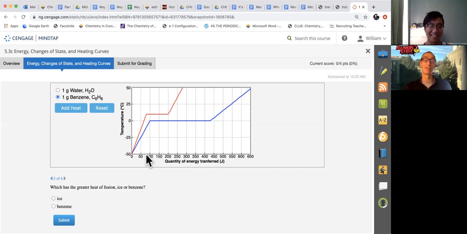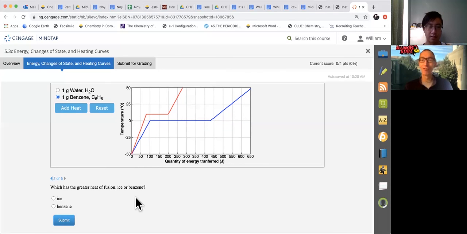It looks like 75 to me. 75 to 200 is about 125. So this is about 125 joules to change the gram of benzene, 330 joules to change the gram of ice. And so I think ice has a greater heat of fusion.